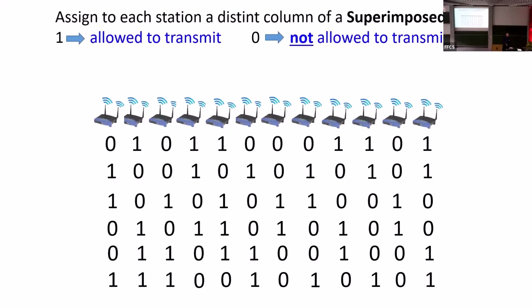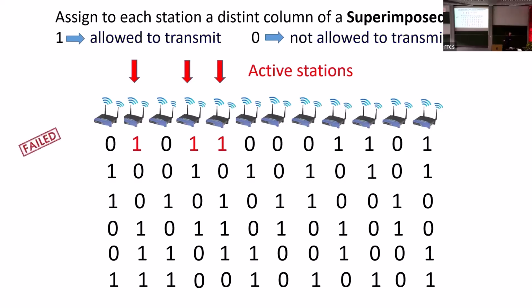Now suppose that there are three stations that want to transmit, for instance, this one, okay? So what do they do? They start reading their protocol, the string of zeros and ones, and if they see a one, they transmit. If they see a zero, they stay silent. What happens? Well, for instance, in the first transmission, all three stations transmit, and there is a failure, because when there are transmissions at the same time, nobody understands.